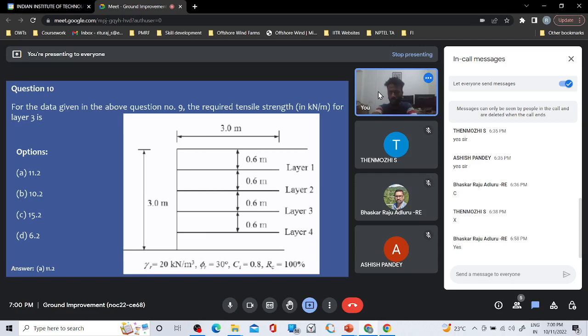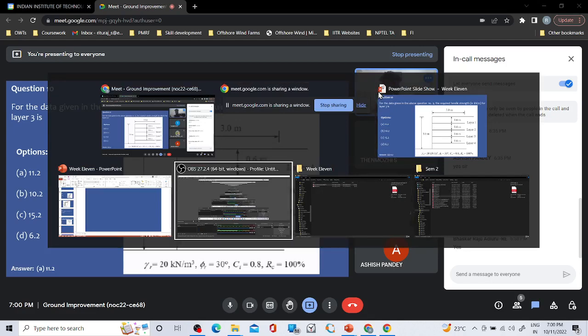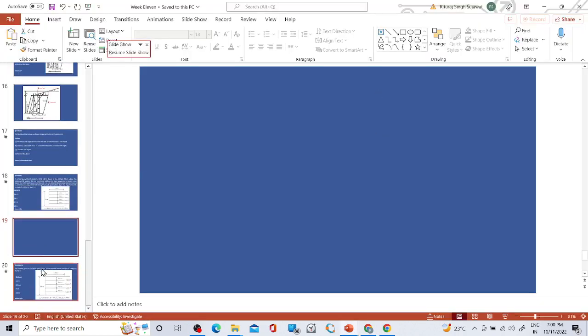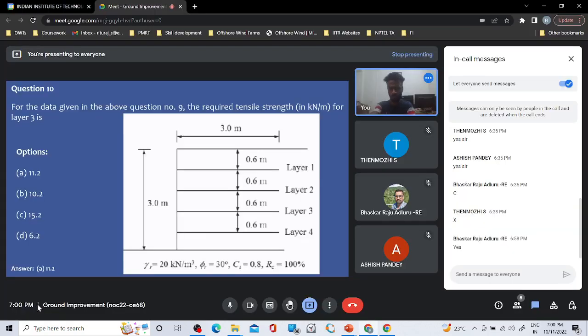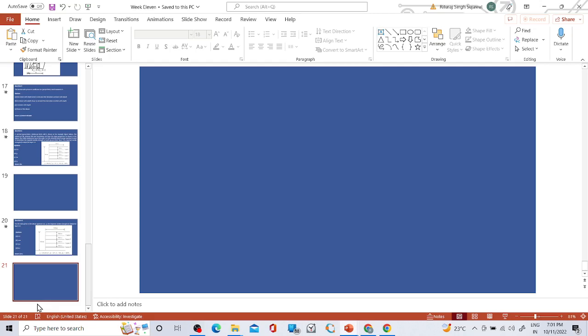Okay guys, I know you can solve this. Let me solve it for you. It's similar to the previous question, only a little part in the traffic loading, like how you will consider that.